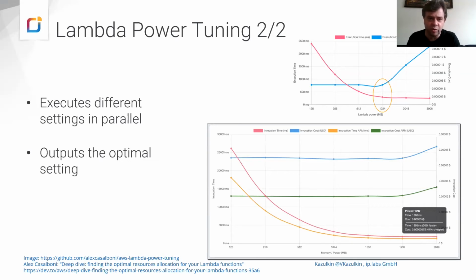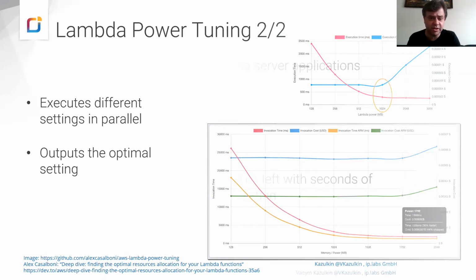Now you can also select ARM architecture and test what's the best price performance for the two architectures, because ARM architecture is 20% cheaper for the memory configuration. So this is also one of the tools which can answer these questions.